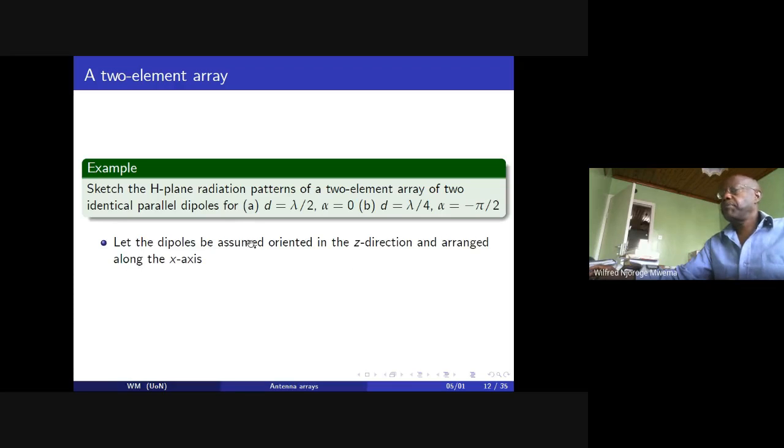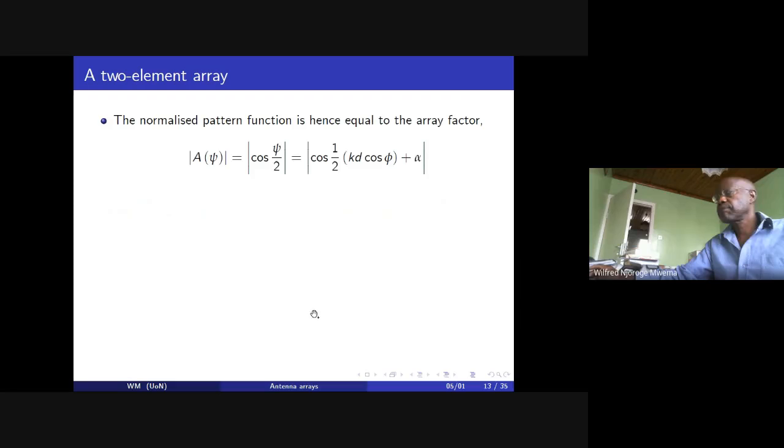The dipoles are going to be assumed to be oriented in the z direction as shown and arranged along the x-axis. So in the H-plane, theta is equal to pi by 2, and therefore each dipole will be omnidirectional. Omnidirectional means that it radiates equally in all directions around a circular surface.